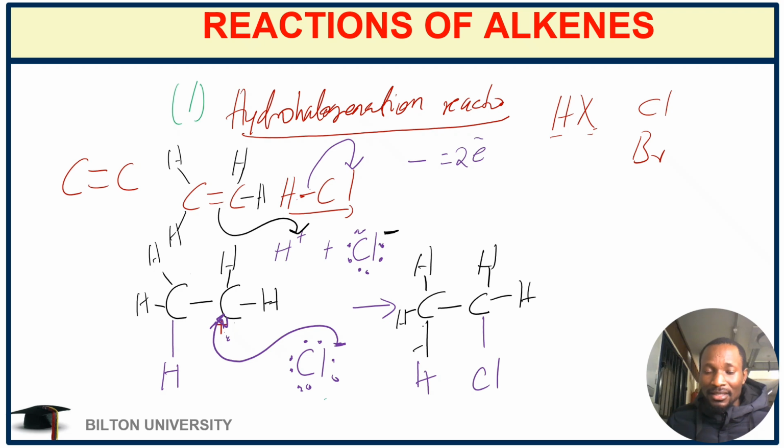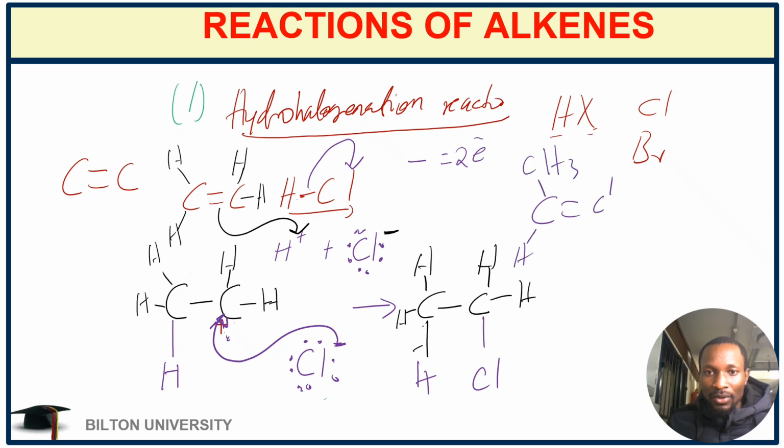Its behavior is that it is regioselective. Regioselective means that this halogen will go to the more substituted carbon, and the hydrogen will go to the less substituted carbon. Less substituted carbon means that carbon has a high number of hydrogens, and that follows what we call Markovnikov's rule.